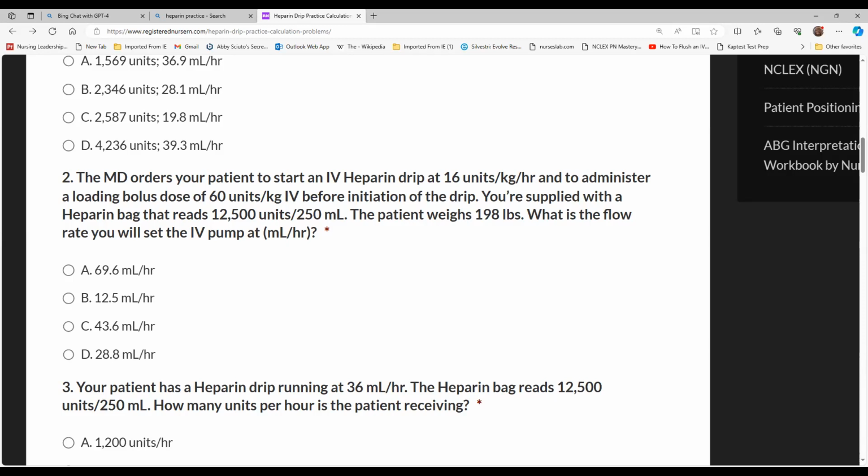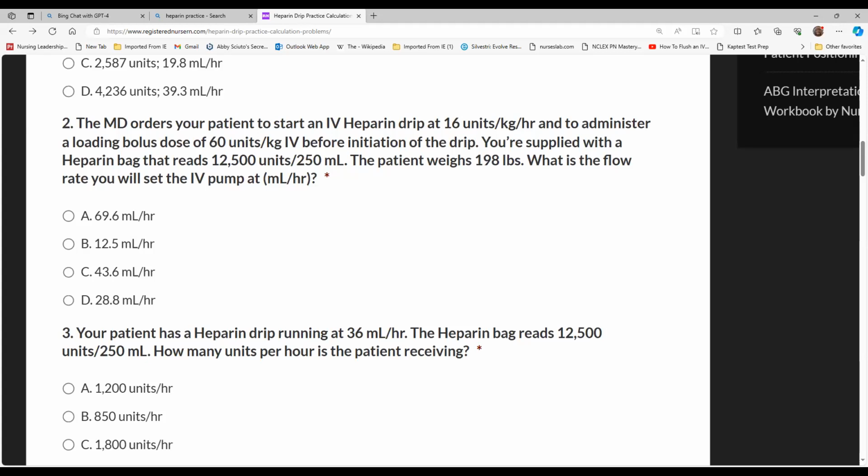Take the heparin bag, which is what we have on hand, and that is 12,500 units per 250 mL, which is our vehicle. Everybody got those numbers?